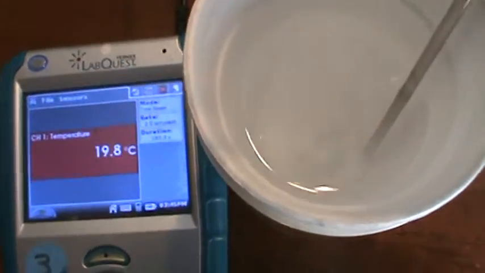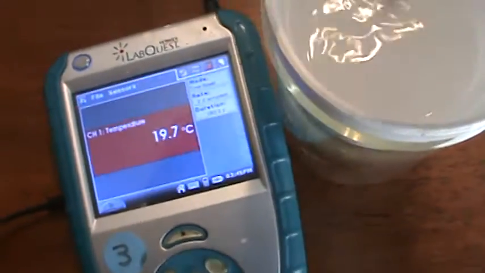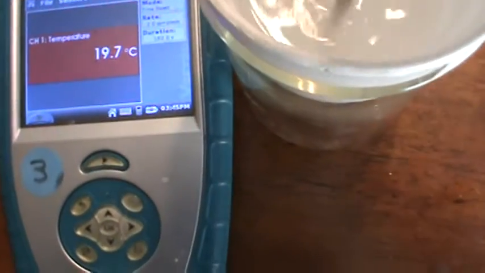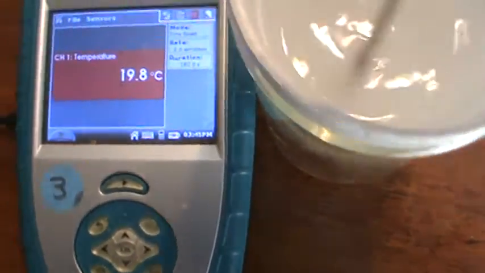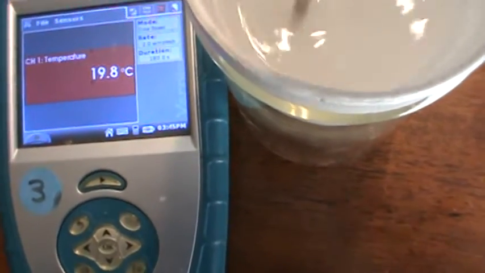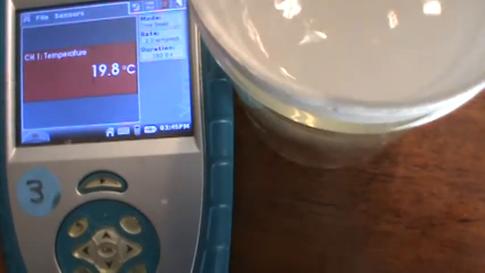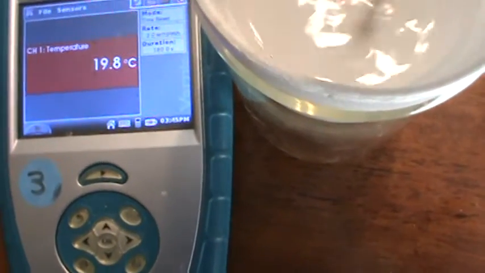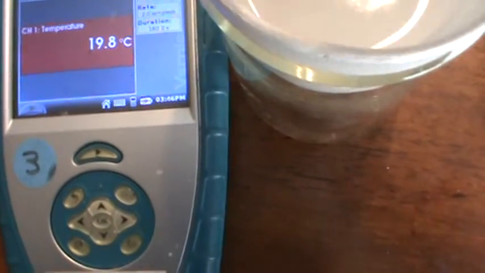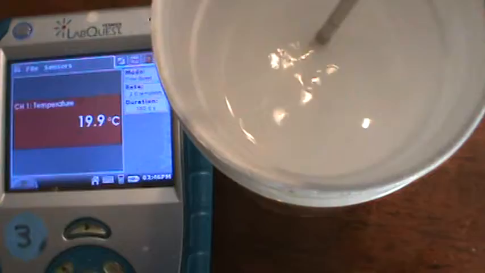You can probably see in there through the bubbles, which are hydrogen gas. And this isn't quite as drastic in how much it will change.